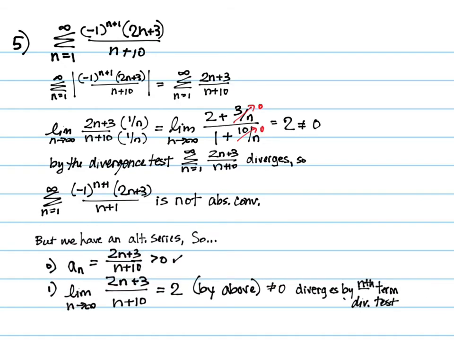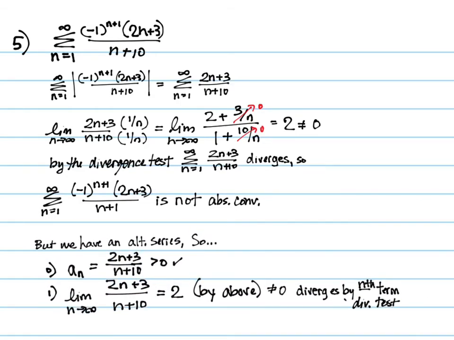So we've seen an example of each one of these three outcomes happen. The first one was absolutely convergent, the second one was conditionally convergent, and this one is divergent. So by the alternating series test, the summation from n equals 1 to infinity of negative 1 to the n plus 1 times 2n plus 3 over n plus 10 diverges.